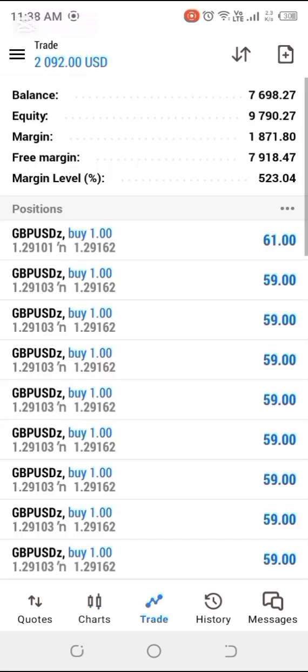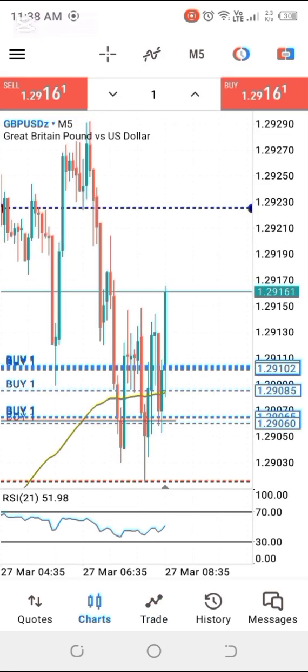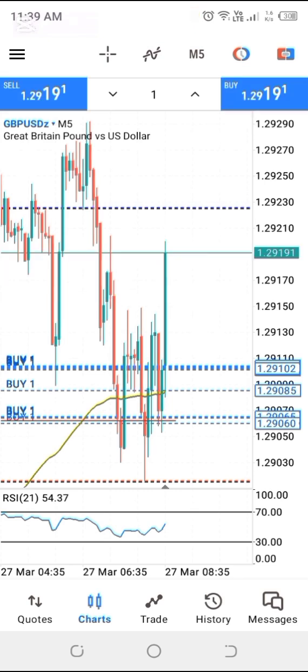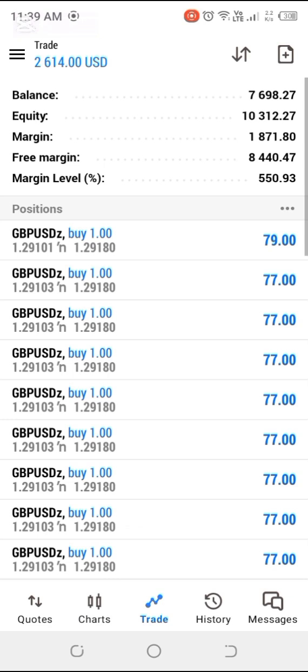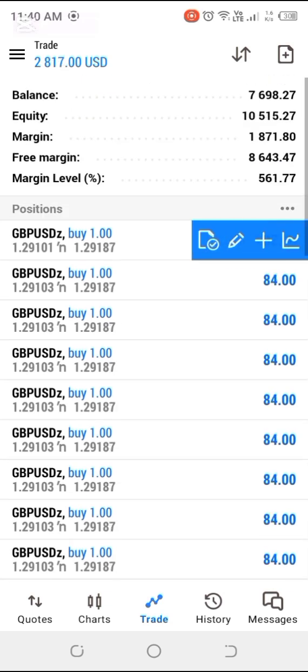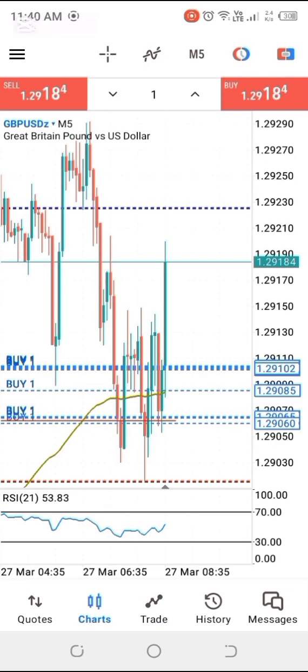So you can see the trade decided to buy after that drawdown. Very nice buy, but it has not hit our take profit level yet, so we'll continue to hold it for some period of time. Now the equity is at 10,000 USD.